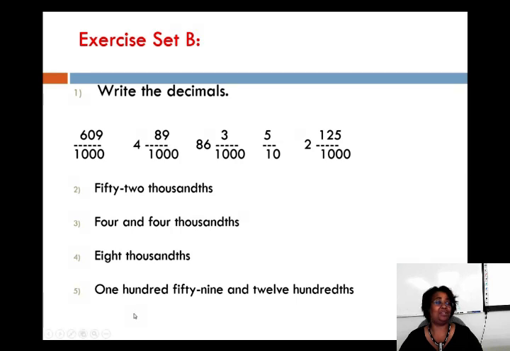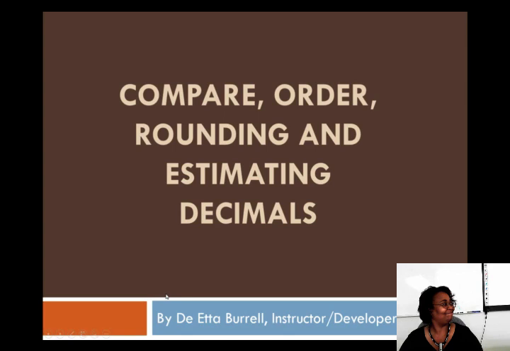And the last one? 159.12. Good. I think you guys have it. I just don't know how to do the fractions. We're not going to worry too much about fractions today. There might be just a few conversion of fractions to decimals in your packet, but not too many.